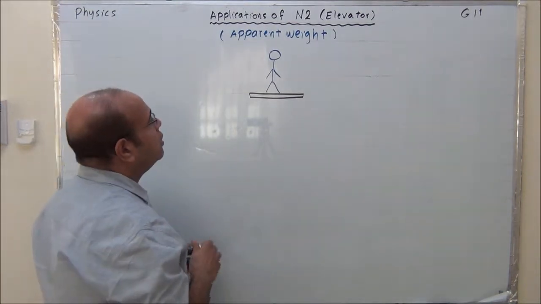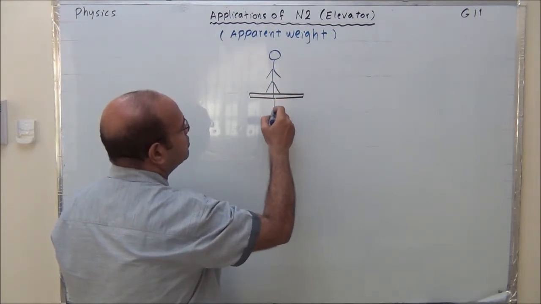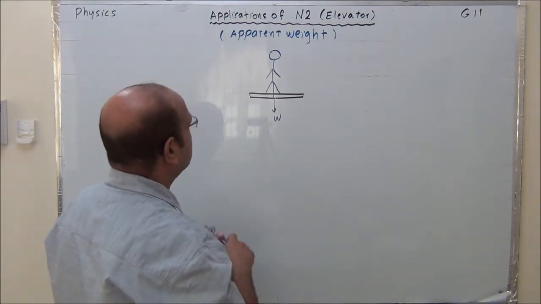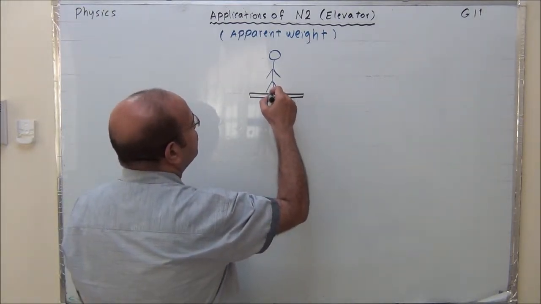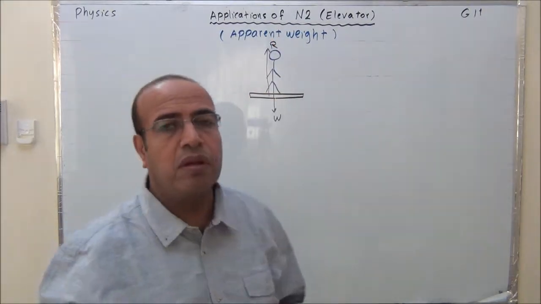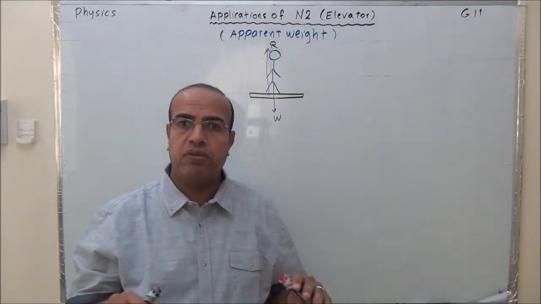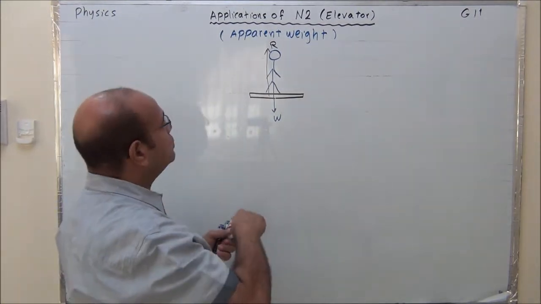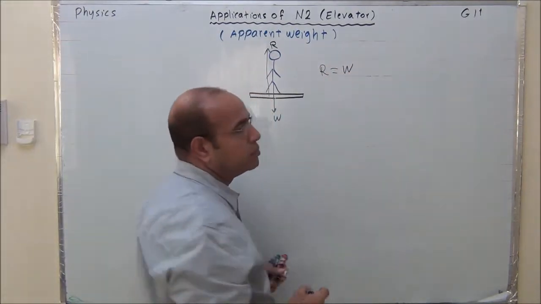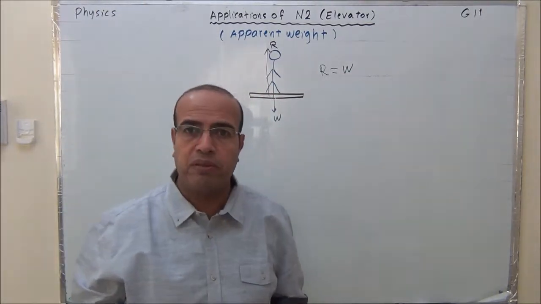First, the weight of the person acting downwards, and the normal contact force from the platform of the weighing machine. If the weighing machine is stationary on the ground, the normal contact force equals the true weight of the person.